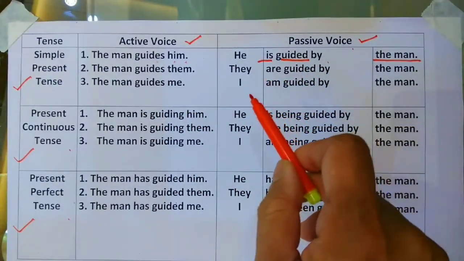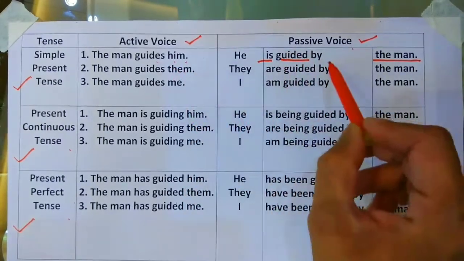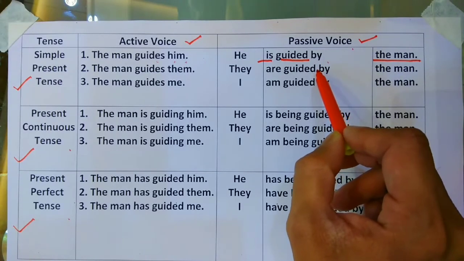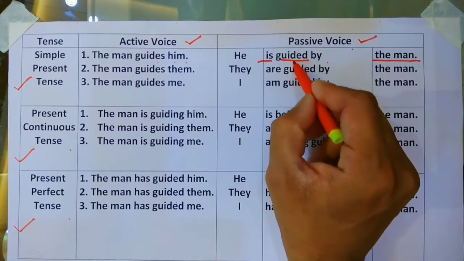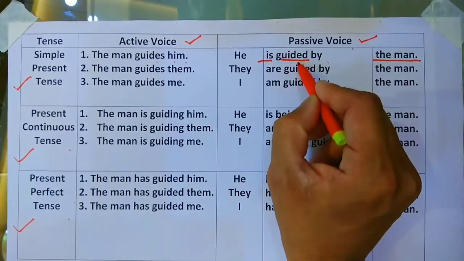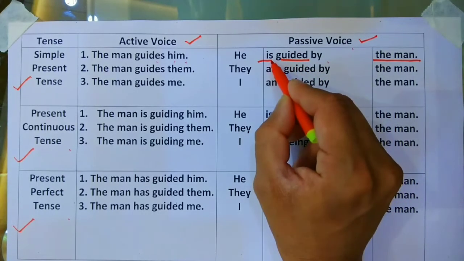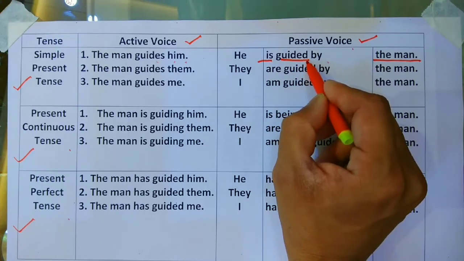Students, let me tell you, when we transform active voice into passive voice, in each passive voice we need to write the third form of the verb compulsorily. In the passive voice, the helping verb is followed by the past participle form of the verb.